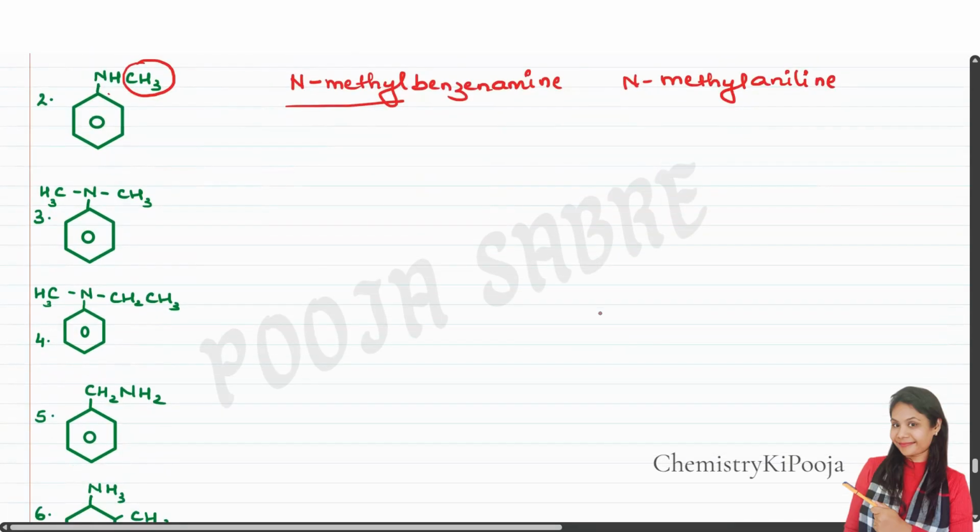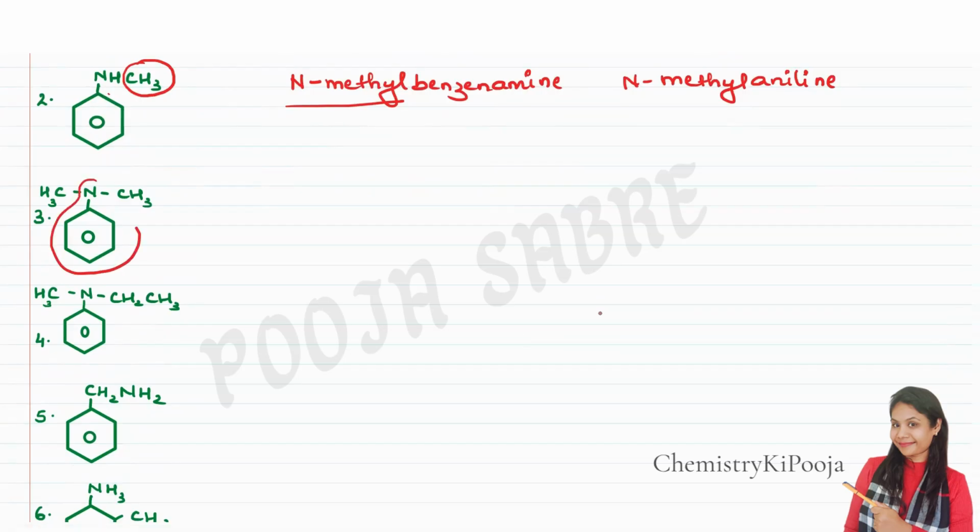Coming to the third one. Here again, we have the benzenamine group, but to this nitrogen we have 2 methyl groups. So each methyl group I'm going to write this way: this is N, and one more N, because we have 2 methyl groups attached to the same nitrogen. So I'm going to write N 2 times, and then it is dimethyl.